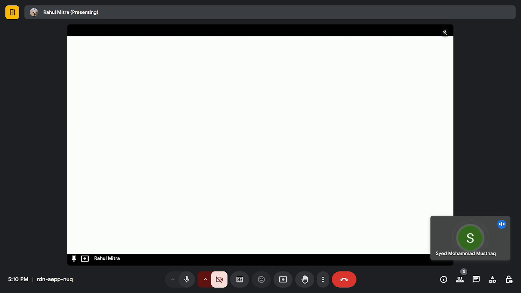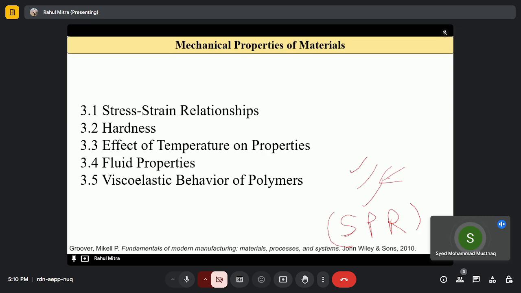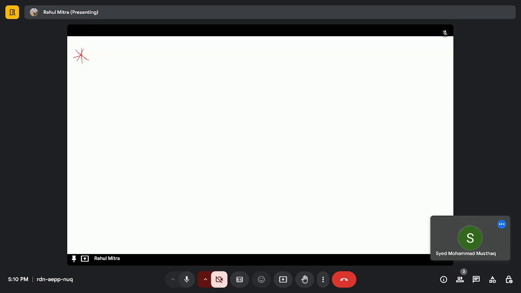We will be dealing with the mechanical properties now, but let us just recap what are the other properties we have discussed before. When coming to optical properties, the main point we discussed is the surface plasmon.